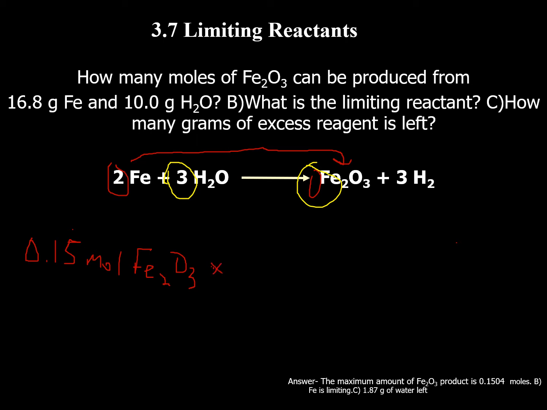So we work backwards: 3 moles of H2O for every 1 mole of Fe2O3.